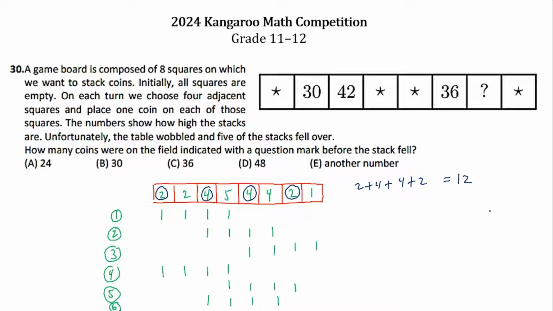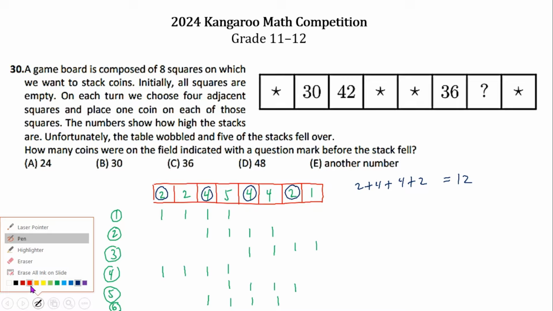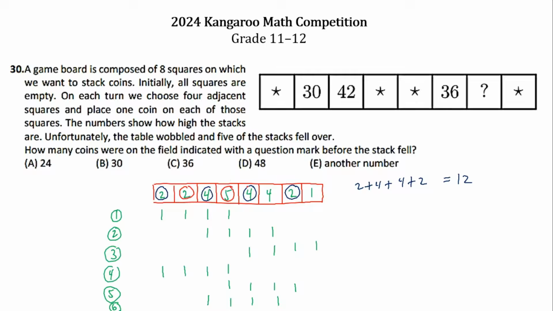Now if we also add the other coins, this one, this one, this one, and this one, we have 2 plus 5 plus 4 plus 1, the result is also 12. Alright, so what does this tell us? This tells us that the alternating sums are equal. So we will just apply the same process to the original problem.